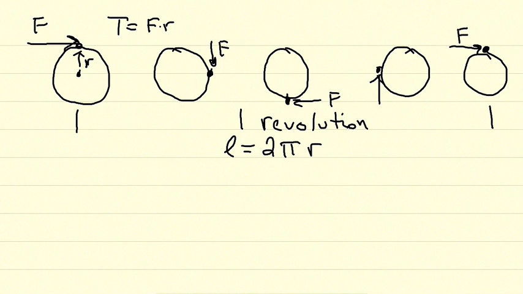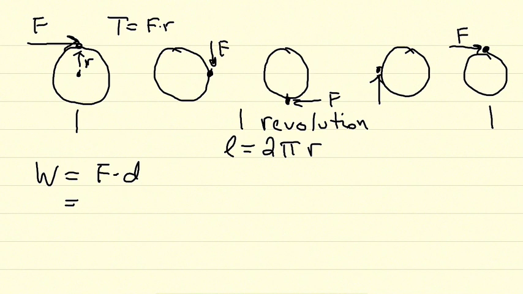And if I further think about this, I had an application of force and I moved that force a certain distance, well, that's nothing more than a work term. So work is force times distance. My distance was 2 pi r, the distance that was mapped out by that point.